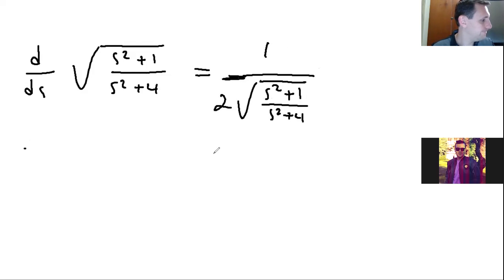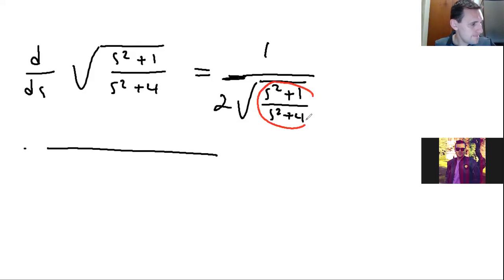Multiplied by this derivative. So the derivative of what's inside, this is the inside, guys. That's the fish I find inside, and now I need to deal with it. So the derivative: I square the denominator, because it's a quotient rule now.